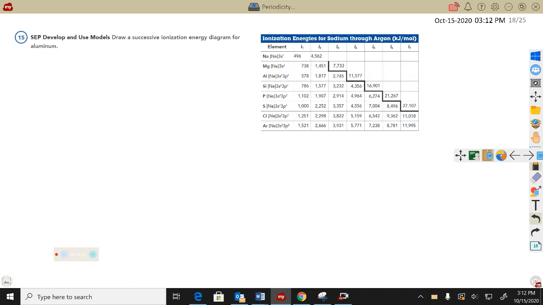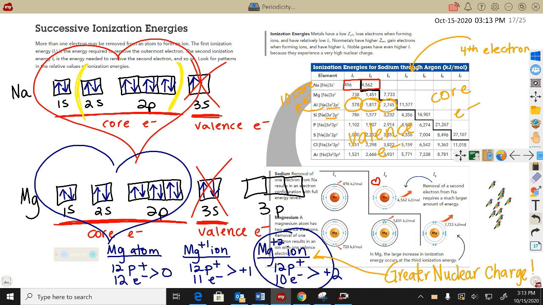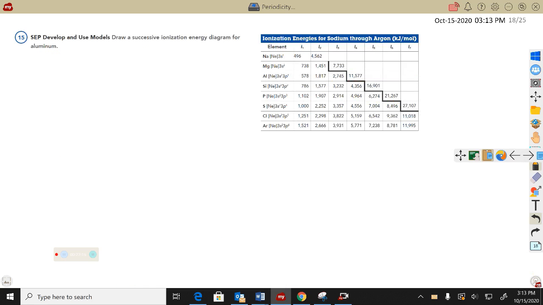And so when you get to question 15, it says to draw a successive ionization energy diagram for aluminum. You could draw it with a Bohr model, kind of like these Bohr models they did with sodium and magnesium. You could have drawn orbital diagrams to show what happens when aluminum starts to lose electrons.